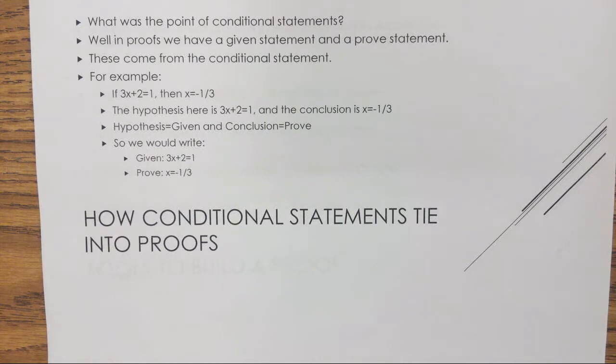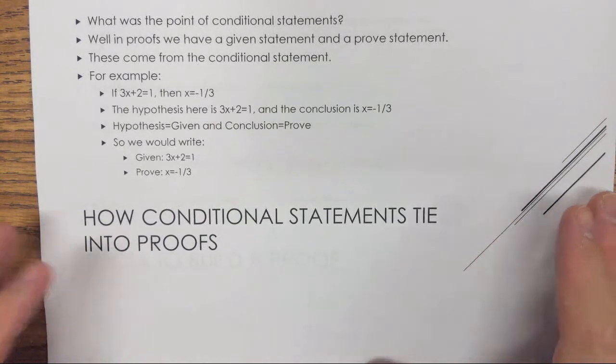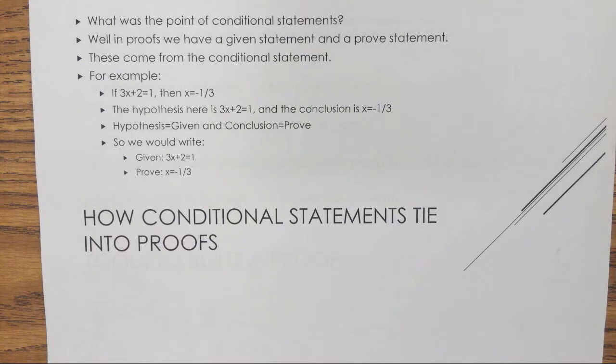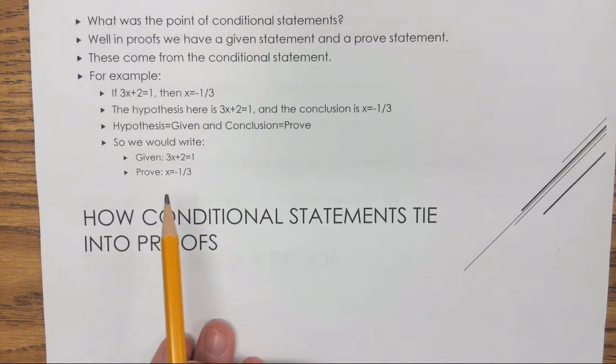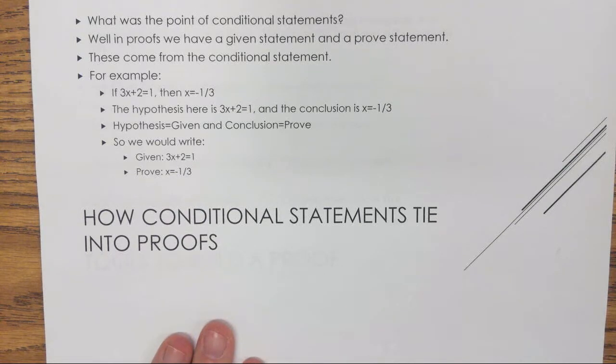Well, maybe it was, but I needed you guys to be able to say what the hypothesis and the conclusion were easily, because these hypotheses and conclusions are going to be used to start off some proofs sometimes.